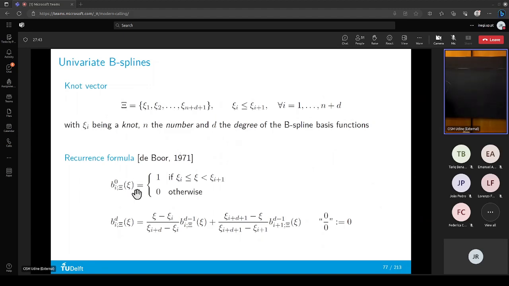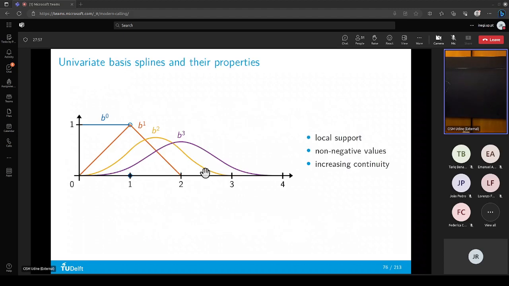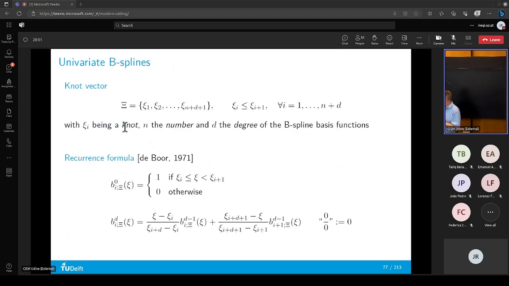Yeah, and then there is this recurrence formula from Cox de Boer, which basically says, well, if you have zeroth order, then it's just 1 in the knot span where you want it and 0 everywhere else. Yeah, that is exactly this one. And then you are recursively building up higher order ones. So the linear ones is a combination of the constant ones.